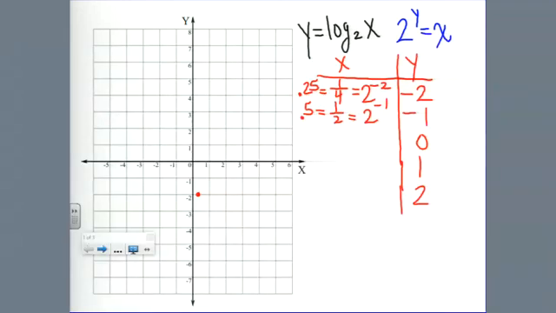So 0.5 and -1 is just a little bit more than our previous point. If we let y equal 0, then 2 to the 0 power is 1. If we let y equal 1, that's 2 to the first power, or just 2. And finally, if we let y equal 2, we have 2 squared, or 4 for x.